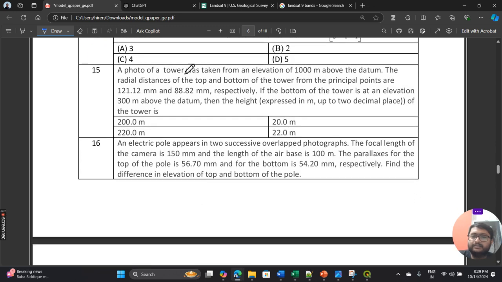Then this is also similar to what we used in the first few weeks of this course, with questions related to aerial photogrammetry. The same formulas have to be used: scale is equal to, and then the radial distance from the top and bottom of the tower, principal points. This is the same question we have solved, which uses the concept of relief.